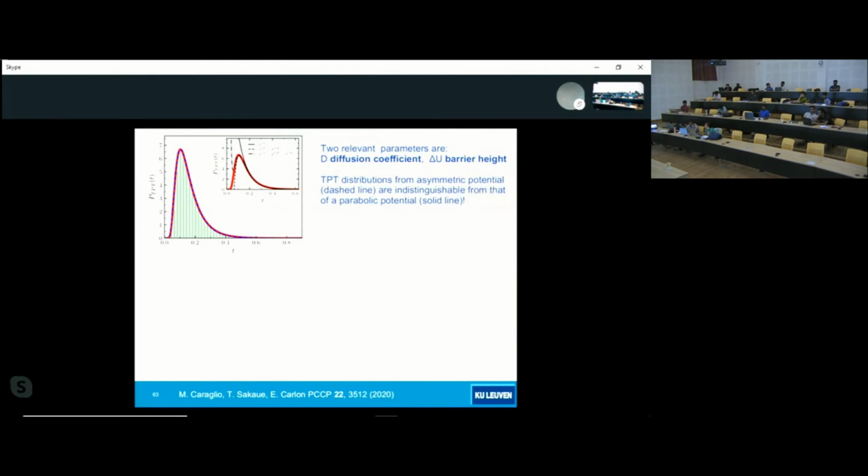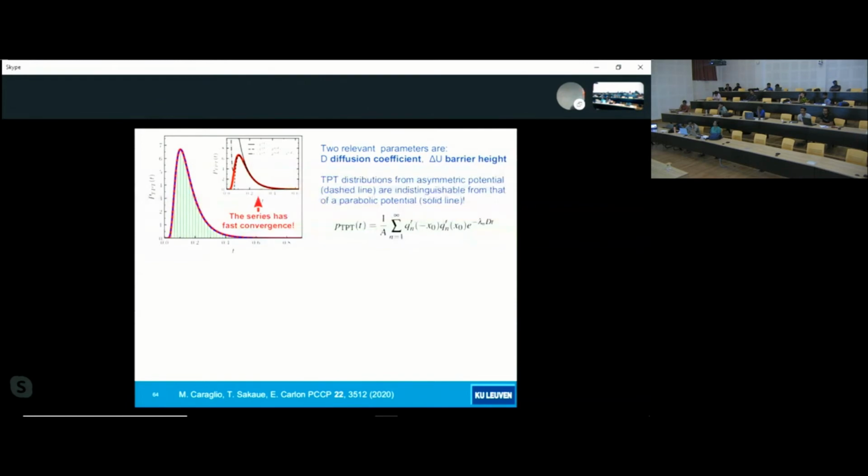They are perfectly on top of each other. One is generated from an asymmetric potential, and the other is a fitted result from a parabolic potential. So we cannot distinguish the potential shape in this figure.